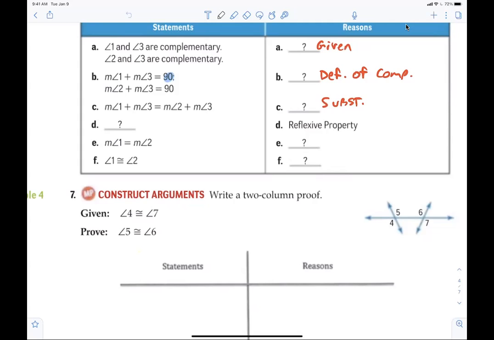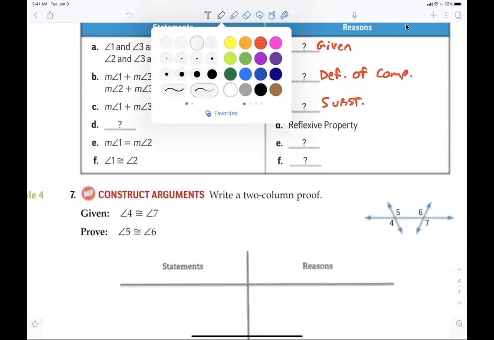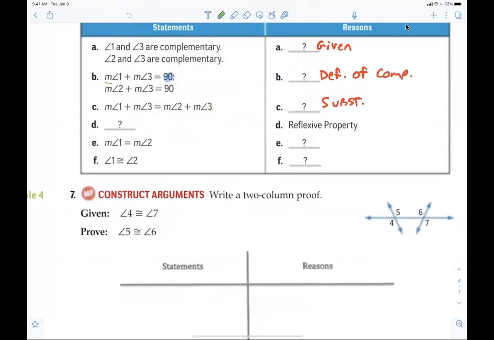I get that it's like 90 equals 90 because it equals the same thing, but why wouldn't it be reflexive or symmetric? Which one are you asking me about? What does reflexive or symmetric mean? Listen to me. The measure of angle 1 plus the measure of angle 3 equals 90.